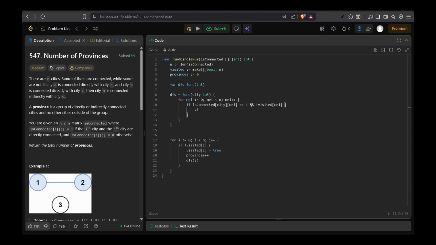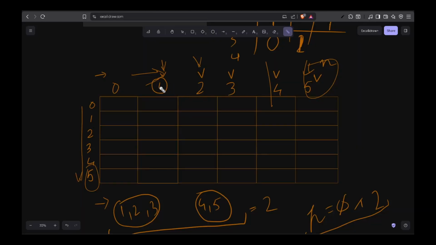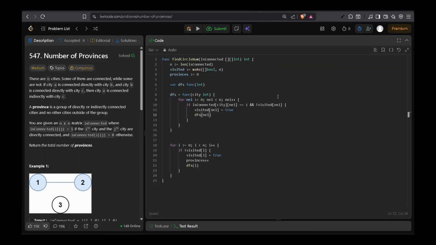Since we are moving into the neighbor city, the visited of neighbor equals true, and again we call DFS on the neighbor, right? That's what we do. It's like moving from 1 to 2, and then again calling DFS to move into the third neighbor. And in the last we return provinces.